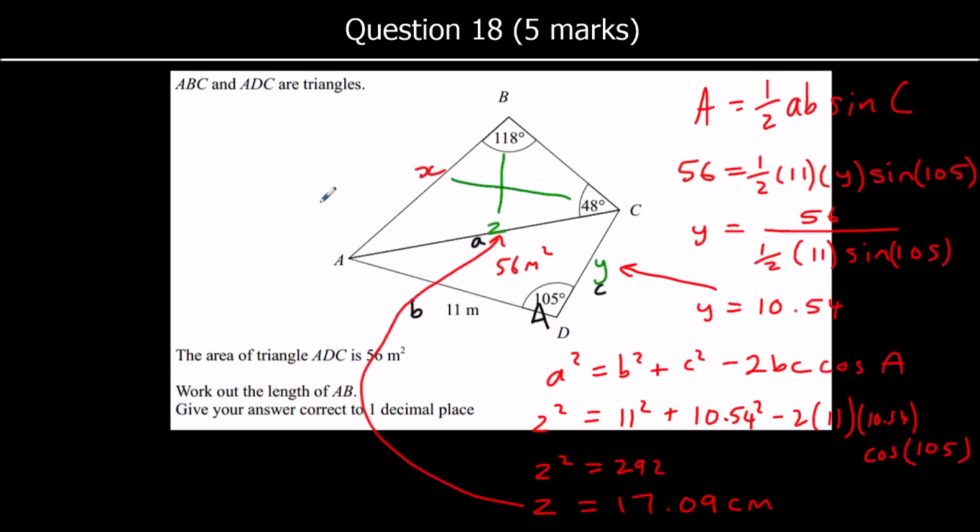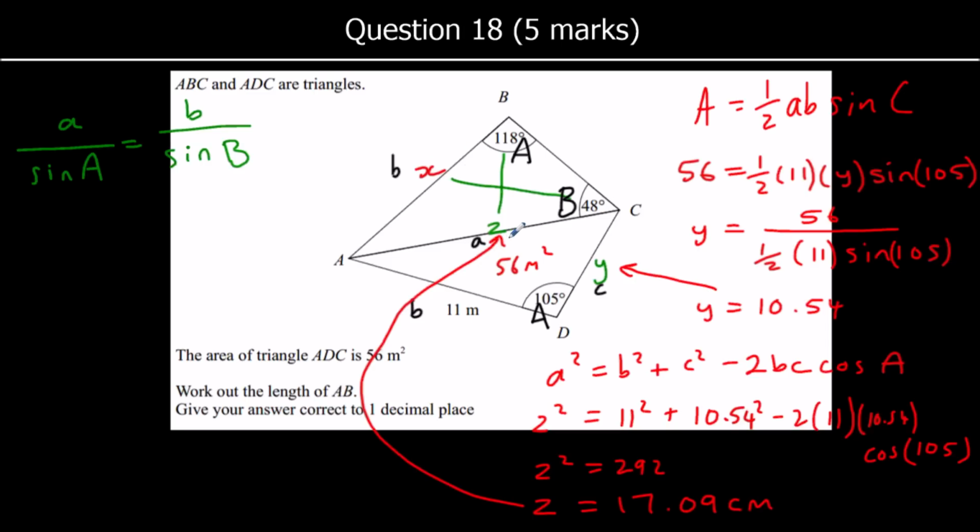So the sine rule says a over sine A is equal to b over sine B. If we keep this as little a, this one's big A, this is little b, this is big B. The angles are always the big letters, and big A is opposite little a, big B is opposite little b.